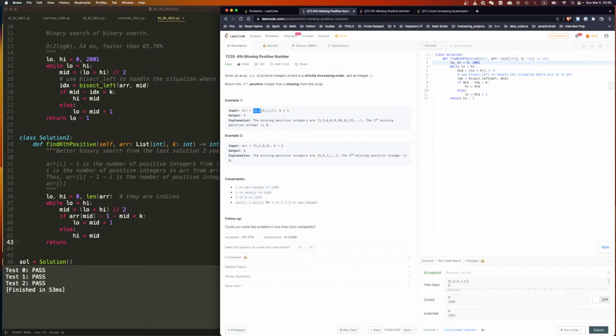And if it's 1 missing, it's smaller than 5. So low shall equal to mid plus 1. Now low high will be coming this one. And 7. So we should have 6 in front.